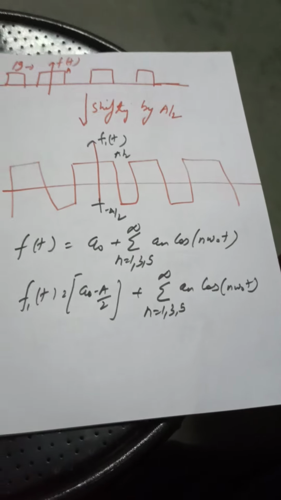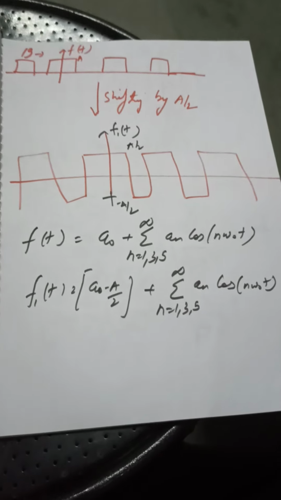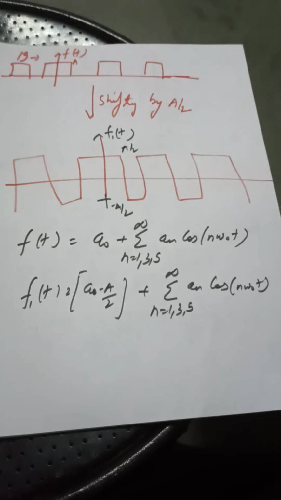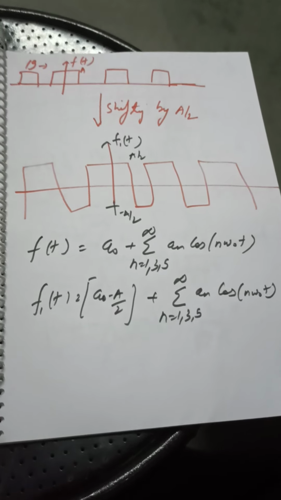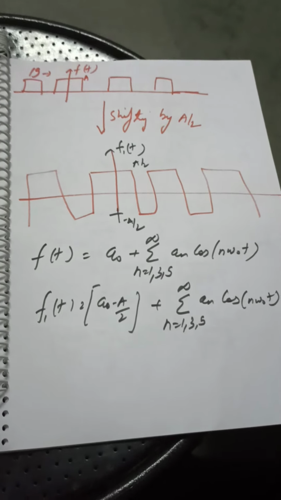Why is it only having odd harmonics? Yes, it is having odd harmonics because it is having half wave symmetry, and half wave symmetry had arisen because of the shifting.